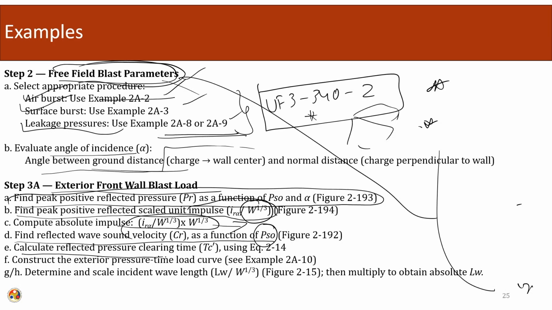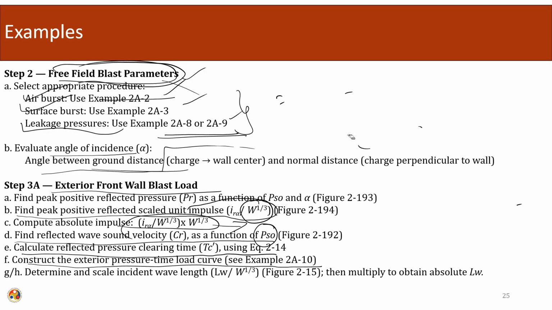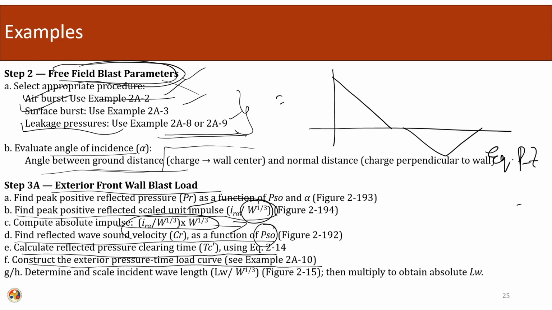We calculate the reflected pressure clearing time, given all the equations that we have seen, and then we construct the exterior pressure time loading curve. As we have seen in the previous week, the exterior pressure time loading curve used to look something like this. So, this was the equivalent pressure time curve for exterior loading. The only thing that changes here is that we are calculating the clearing time also.